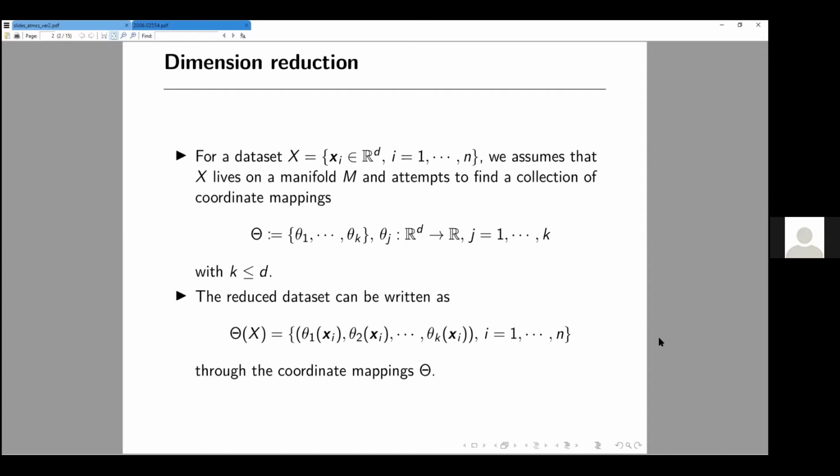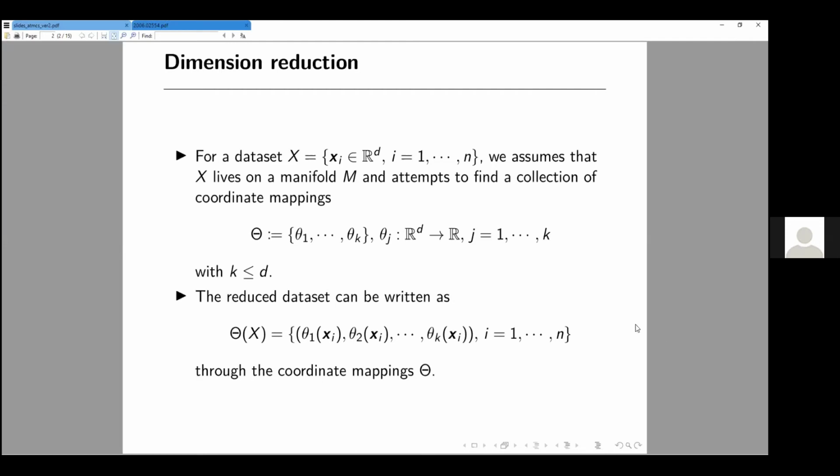For example, if you have a data set in R3, but the data points are actually lying on a two-dimensional surface, then the goal of dimension reduction is to find a good parameterization of the surface and represent the data in terms of the two coordinate maps of the surface. The reduced data set can then be written as the image of the coordinate mappings. This is a fundamental problem in mathematics, statistics, as well as data analysis.